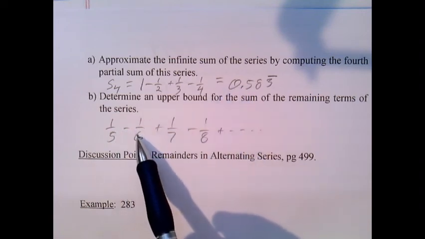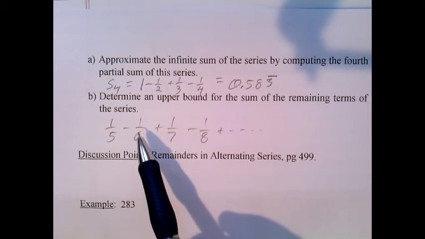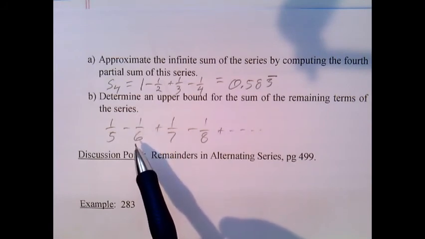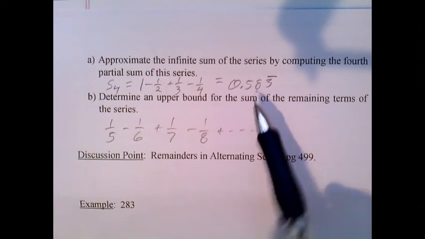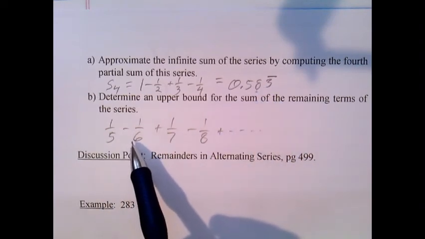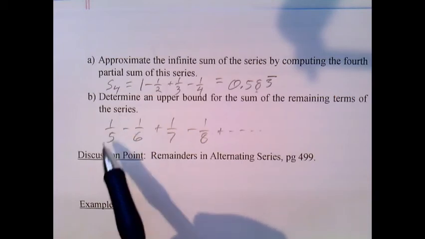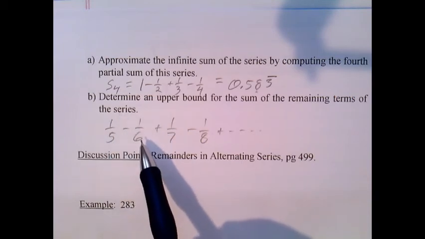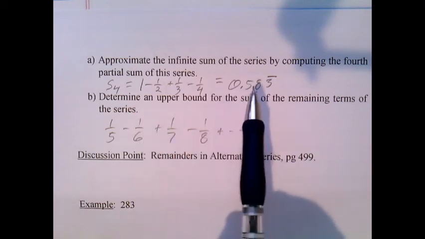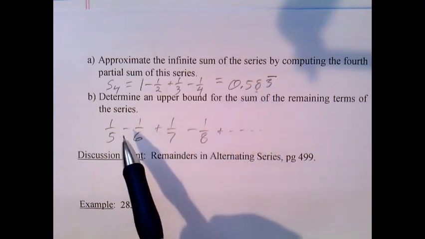And then for my next partial sum, I would subtract 1/6. That would decrease it, but it would never decrease it as low as it was after just four terms, because 1/6 doesn't have as big of an absolute value as 1/5. So it would go up, and then it would come down, but it wouldn't come past 0.583.